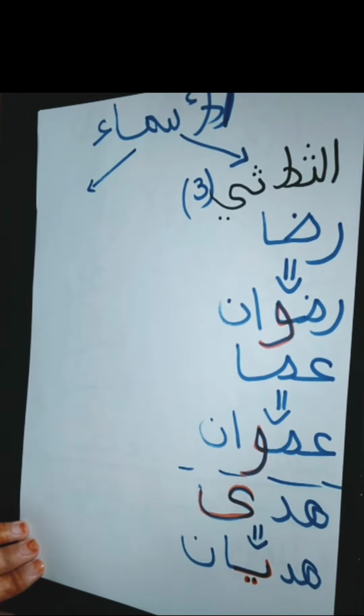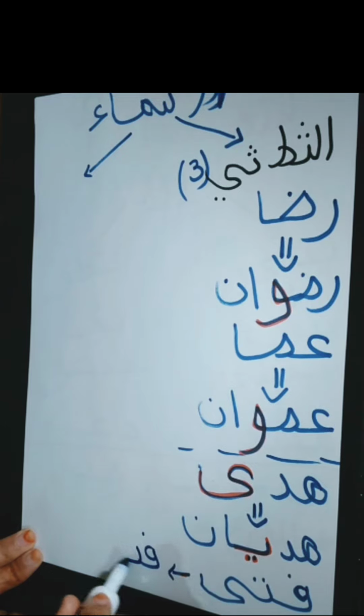I will give you another example: فتى. If we change it to double, we will say فتيان. This is like what we see in the first ones, رضا, عصا.